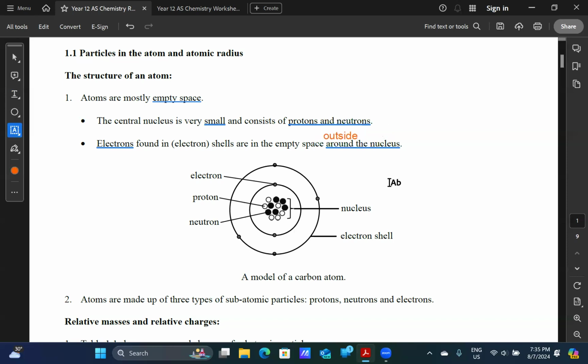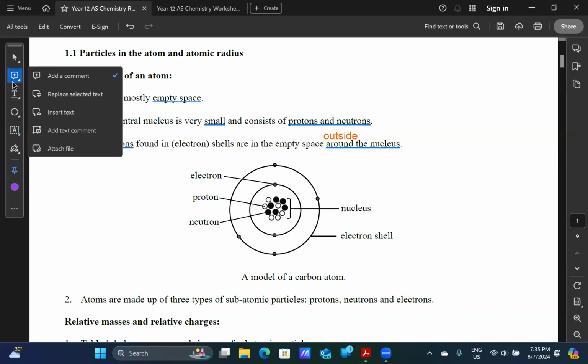So from the first part, we can recall that protons and neutrons are inside the nucleus. However, electrons are outside the nucleus. And to be more specific, outside the nucleus, which part of the atom actually contains the electrons?